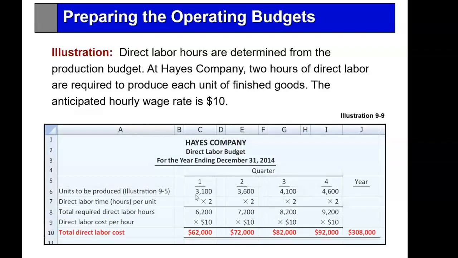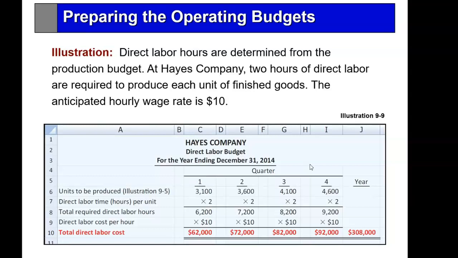So we go to the production budget. First quarter, 3,100 units need to be produced. I multiply it by 2, and I get the total number of hours. And keep in mind, I'm working in hours here. Then don't work in dollars, work in hours, and then multiply through by the $10, and you get 62,000.